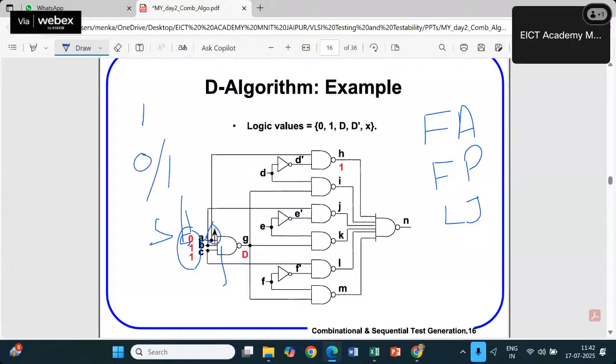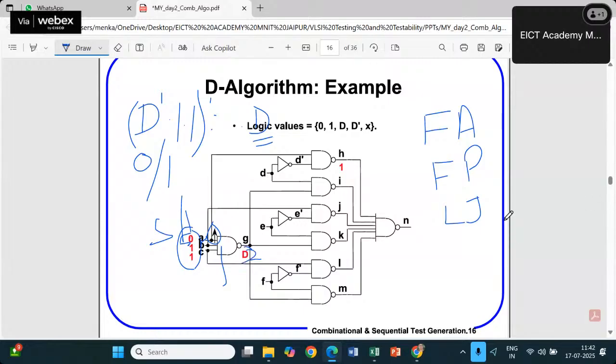So I can represent it in this way, as we have discussed earlier, as D dash. So A is my D dash, B is 1, and C is also 1, and NAND of all of these means complement of all of these. What is it going to give me? D. So the output is expected to be D. So that's why at G I am having D value.